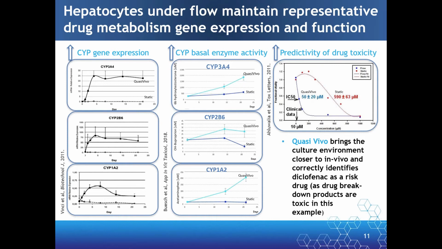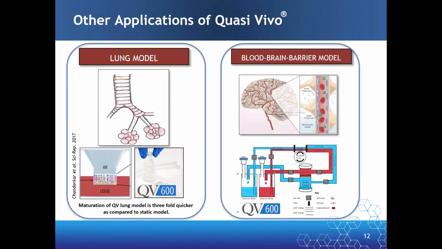So you not only get gene expression, you get activity, and you can use that culture then to predict the toxicity of drugs. So it's a bit of an aside, but the evidence is there, a lot of published papers on that particular benefit of this system.